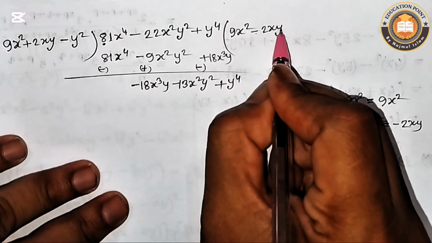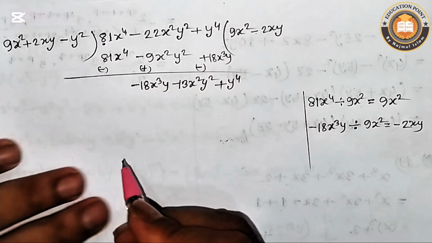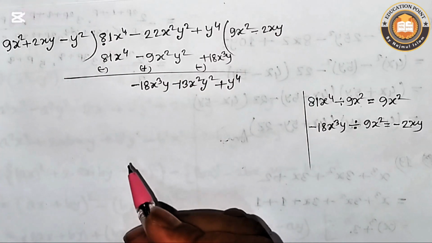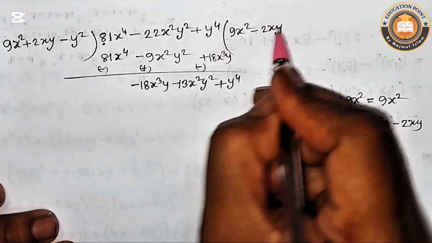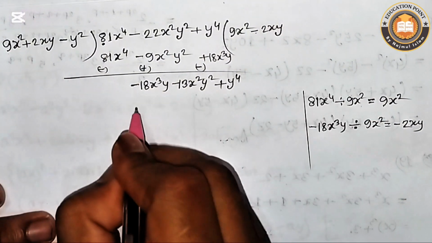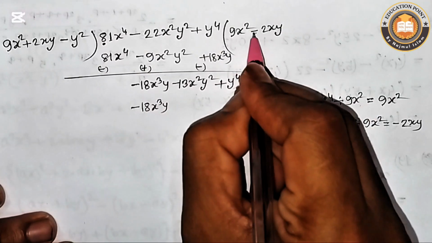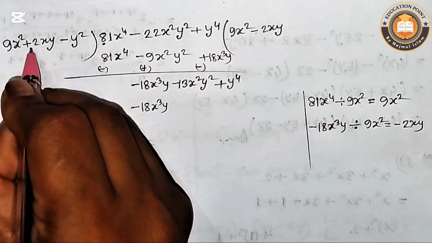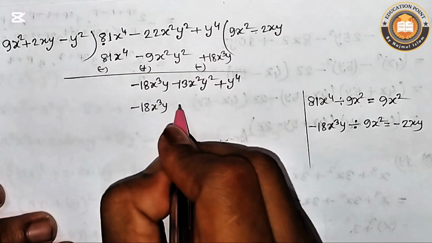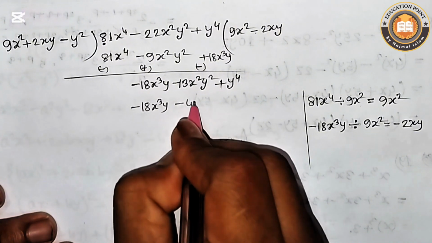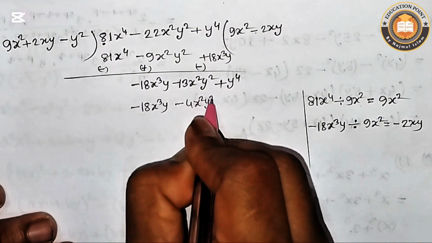Now minus 2xy multiplied with (9x² + 2xy − y²). Minus 2xy multiplied with 9x² equals minus 18x³y. Then minus 2xy multiplied with plus 2xy equals minus 4x²y².